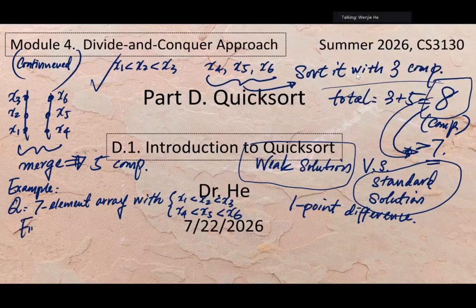You need to find the median. Yeah, that's the question, right?